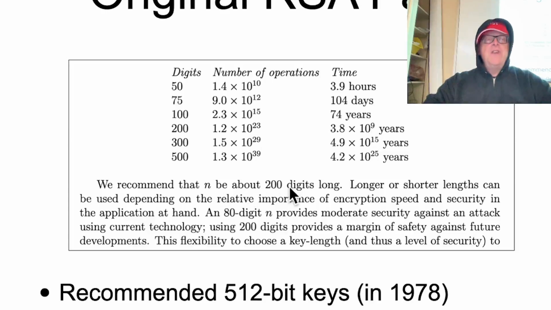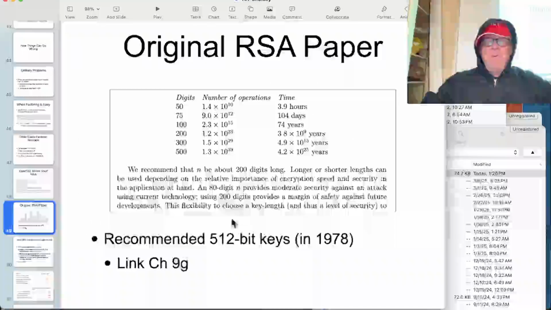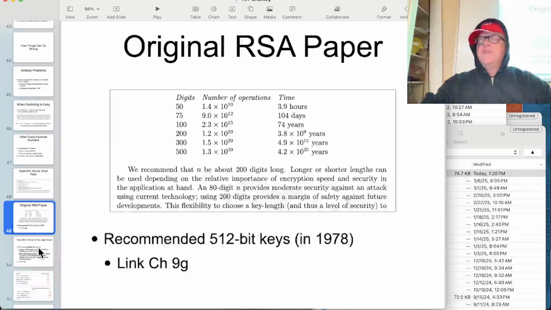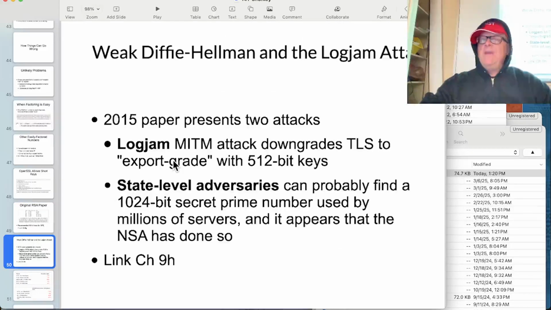They recommended 200 digits, which is a 512-bit key. It said a 512-bit key would be secure, and it probably was in 1978, but computers got a lot faster, so it's not secure anymore. That's what we're all used to: every encryption scheme, after a few years, you have to move to another one as it gets cracked.